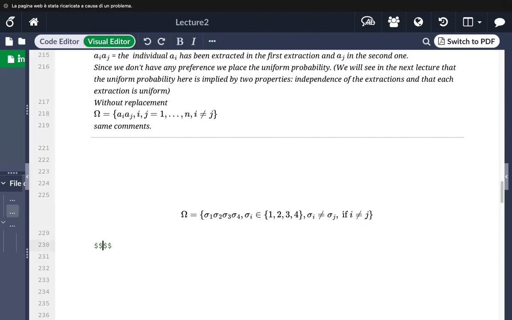If one wondered how to put it formally, A1 is equal to all the possible rearrangements that start with 1.